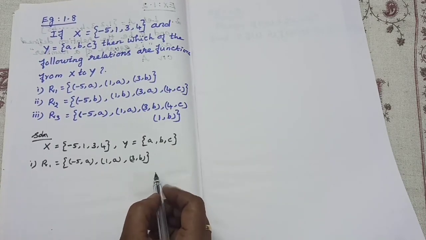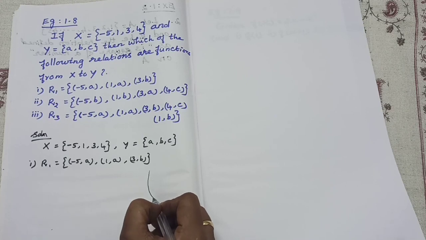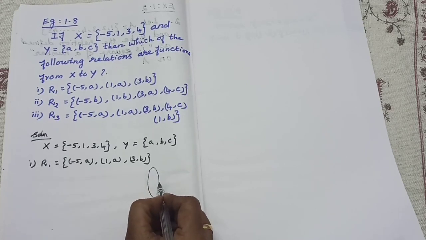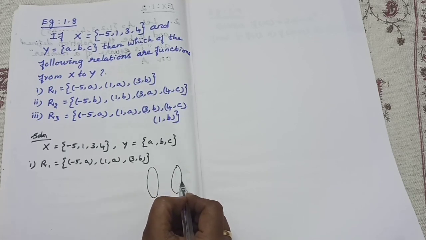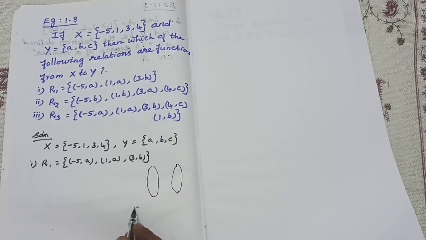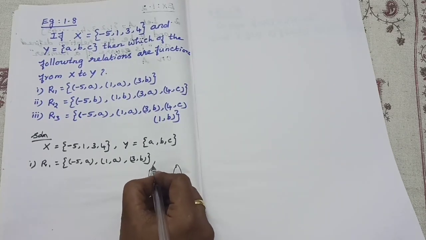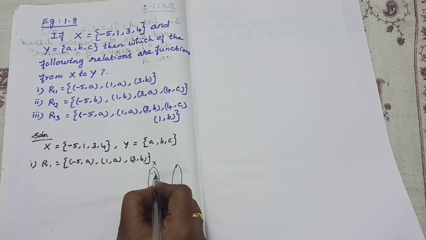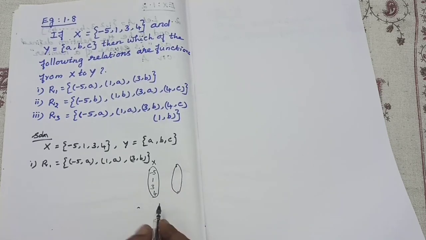First we have to draw the arrow diagram. For the arrow diagram we have to use pencil. And what are the x values? X values we have to write here: minus 5, 1, 3, 4.